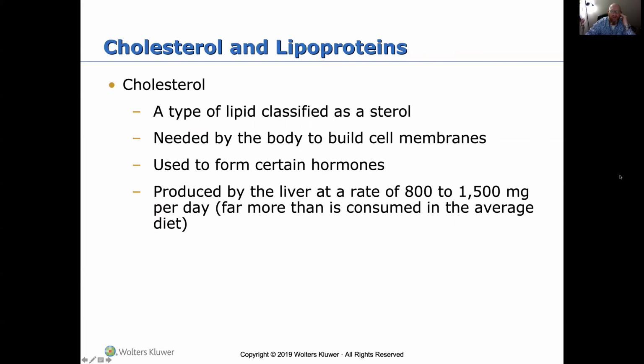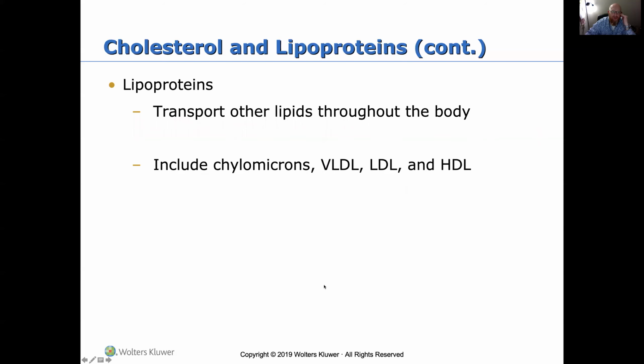So the liver actually puts out cholesterol. Lipoproteins transport other lipids through the body. They include chylomicrons, VLDL, or very low density lipoprotein, LDL, low density lipoprotein, and HDL, high density lipoprotein. These are the portions of cholesterol that we'll talk about more in depth.